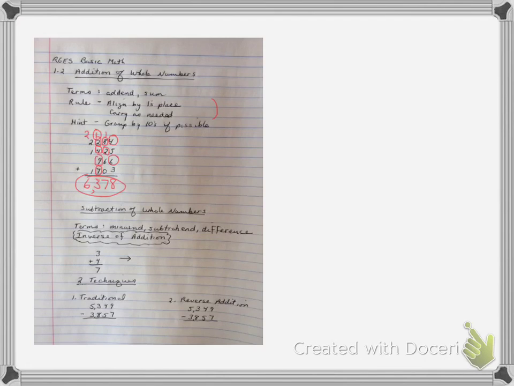Well, if I have the addition problem, 3 plus 4 equals 7, I can convert that to a subtraction problem by taking the answer, 7, and subtracting 4, and I would get 3. Or taking the answer and subtracting the other addend, and I would get 4.